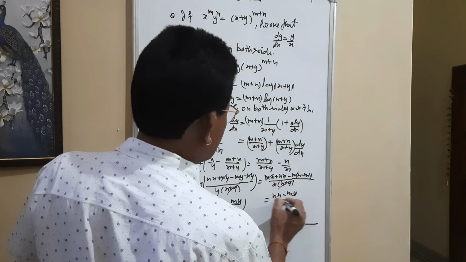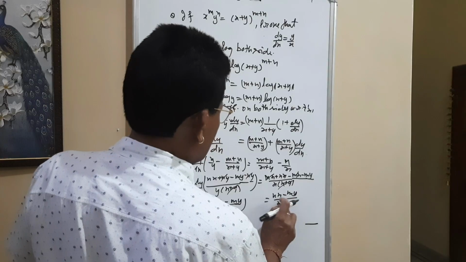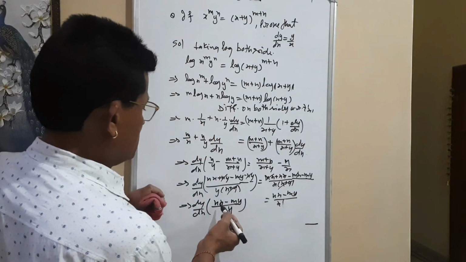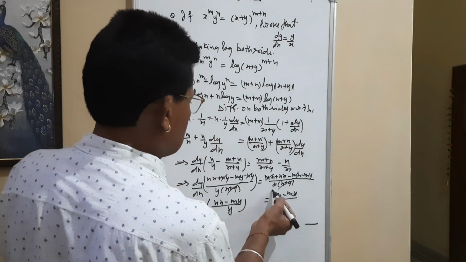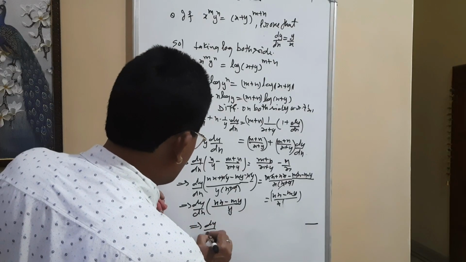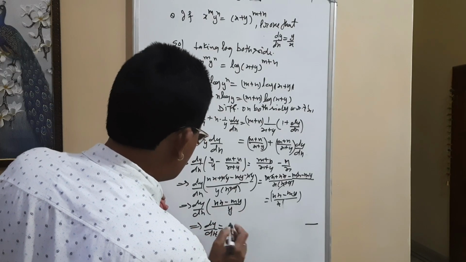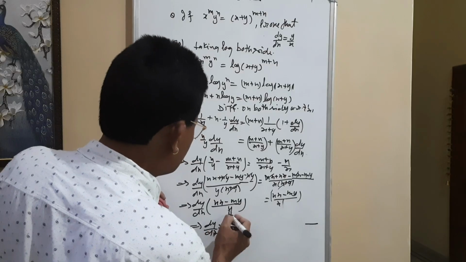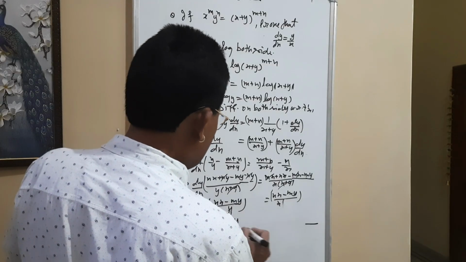My dear student, see carefully, the numerators will be cancelled by the numerators. That is why, my dear student, dy upon dx will be equal to, you take this y in the numerator, y upon x.